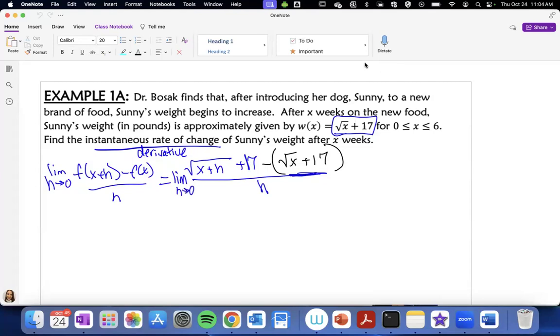Let's simplify. Distribute. So root of x plus h plus 17, minus root x, minus 17, all over h. What cancels?